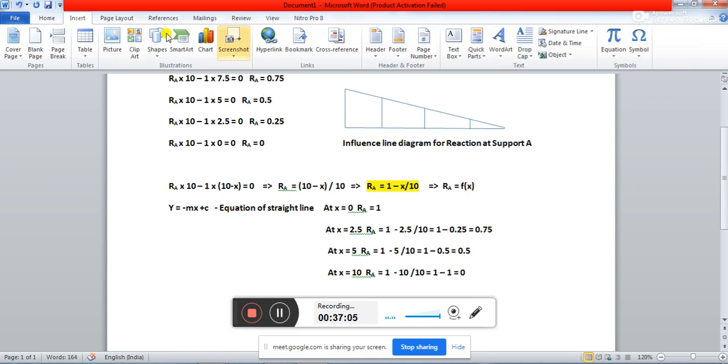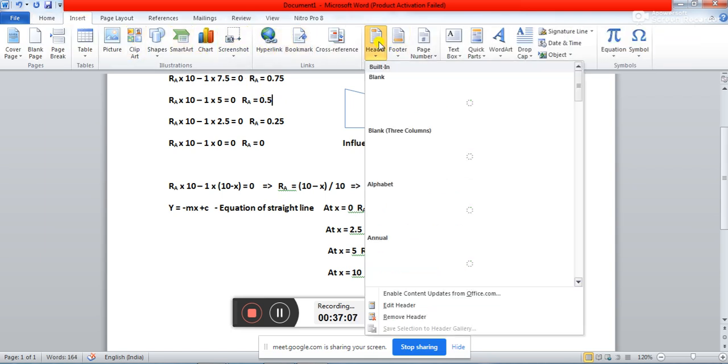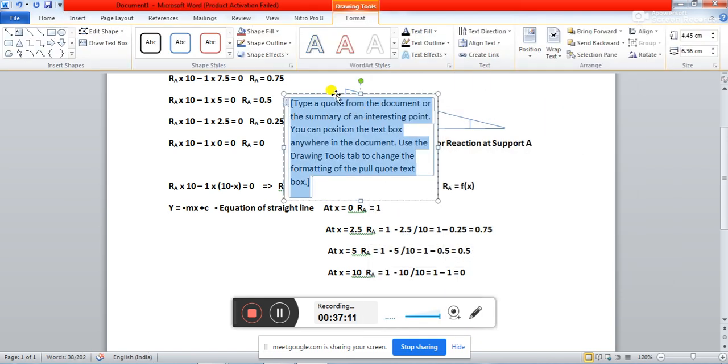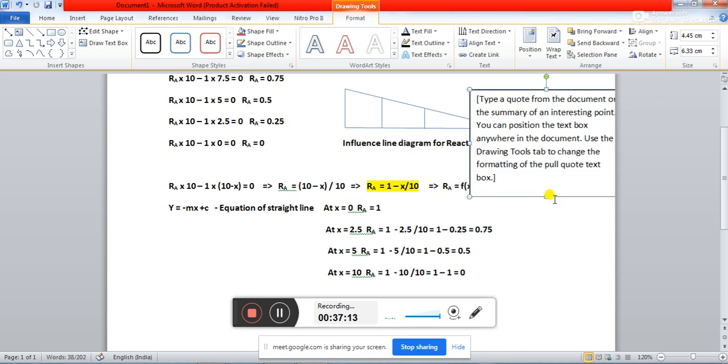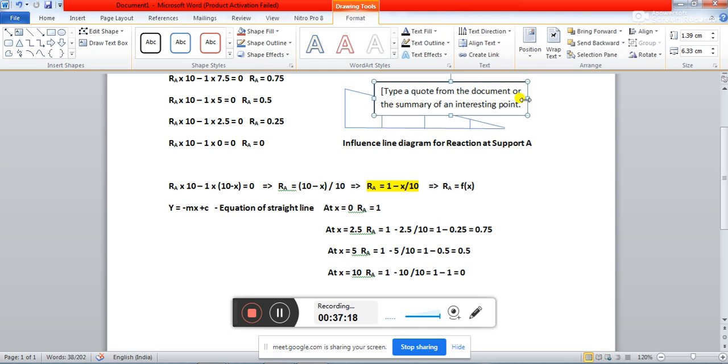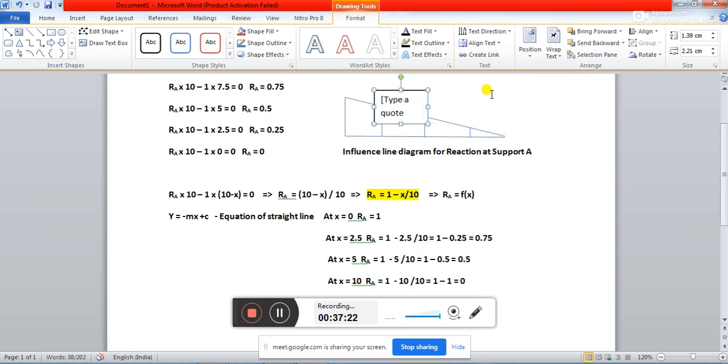The equation of this straight line is going to be equal to 1 minus x by 10.